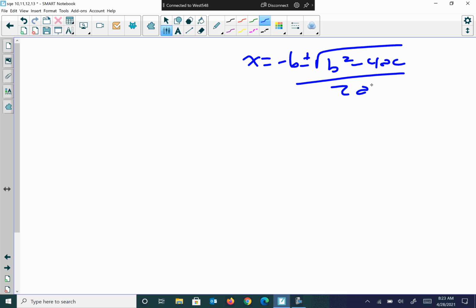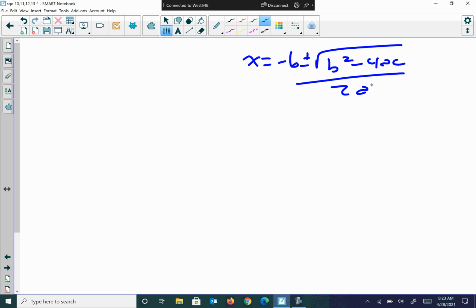Which looks pretty intimidating, but it has a whole bunch of a, b's, and c's in there. It also has a 4, which is a constant. It has a 2, which is a constant. You have the plus minus, and the plus minus tells you you have 2 answers.